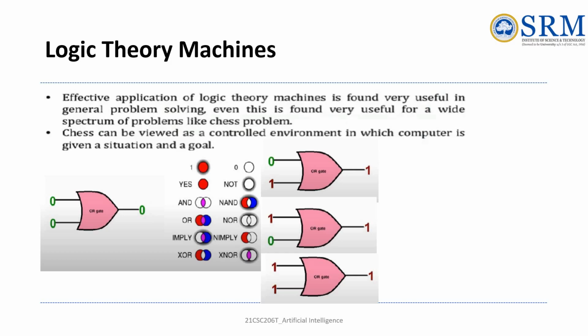Moving on to logic theory machines. These are AI models that attempt to simulate human reasoning through formal logic. Think of a system that, when given a set of premises like humans are mortal, and Socrates is a human, can conclude Socrates is mortal.